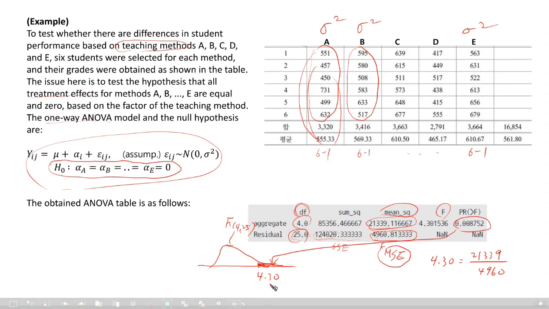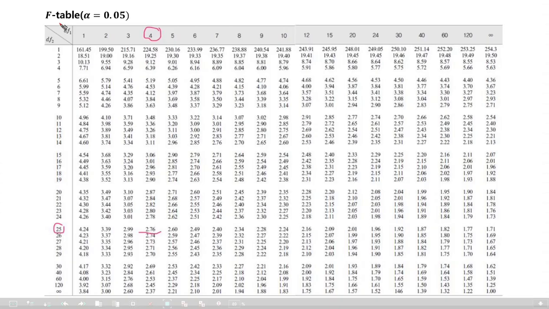So you have to understand the ingredients, that is, how the elements of this ANOVA table come about. Let's see the F table. The F table is for many degrees of freedom. DF1 is the numerator degrees of freedom, upstairs.